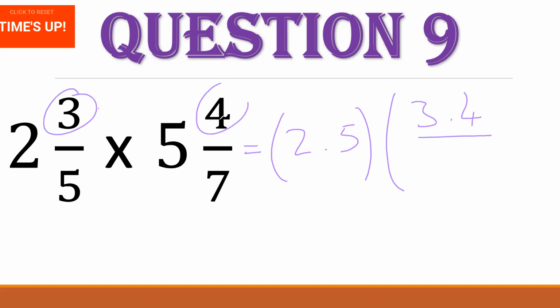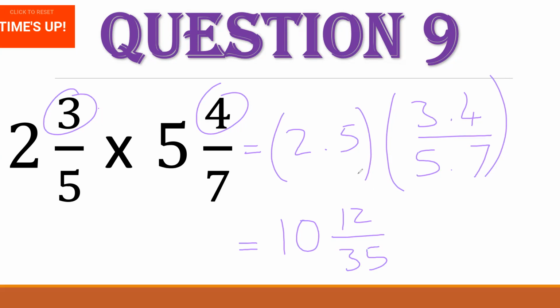And what else we have? 5 times 7. All right. So 2 times 5, we are getting 10. And 3 times 4, 12 over 35.